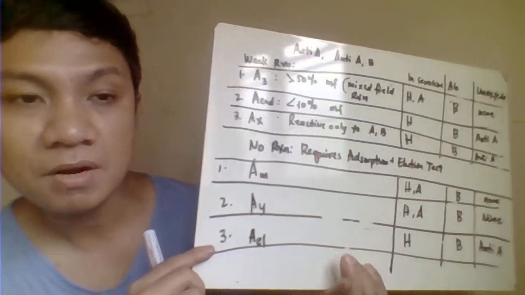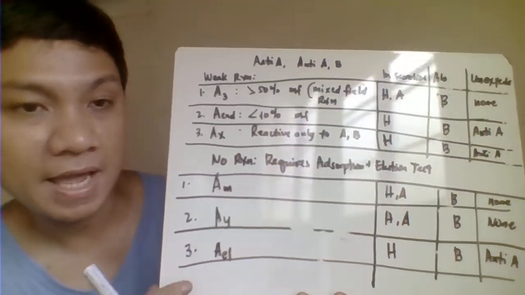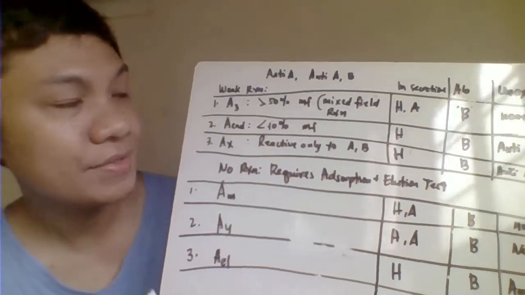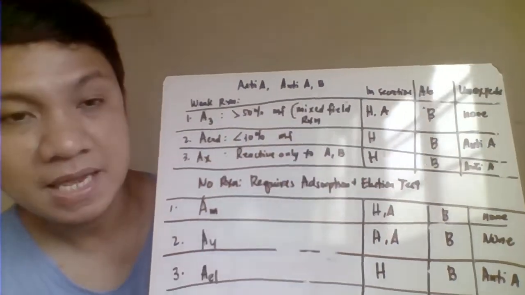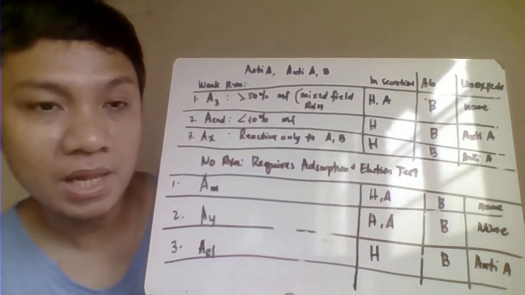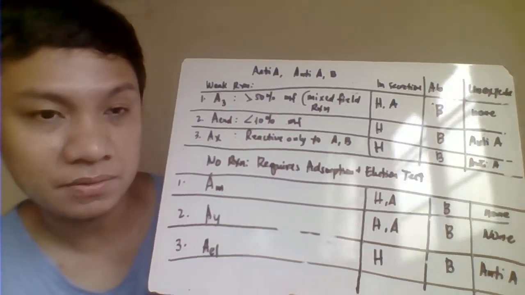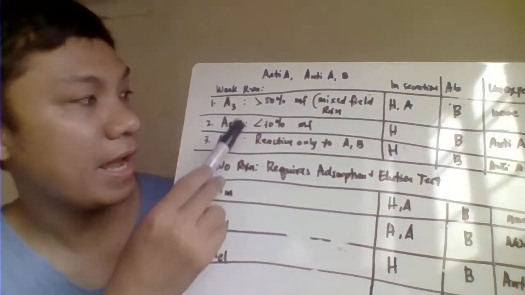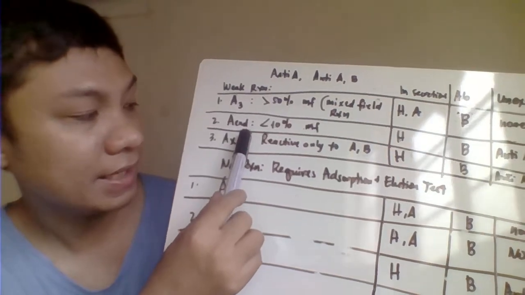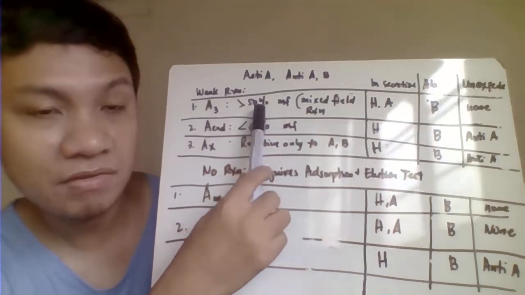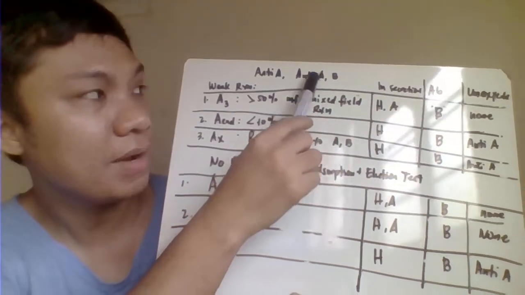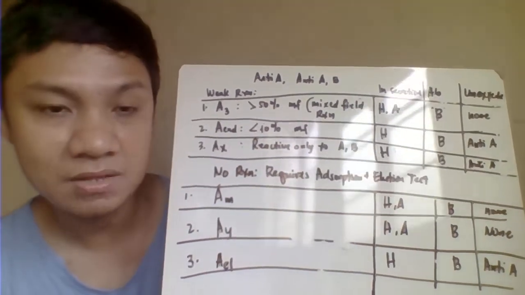Then we have here other weaker subgroups for your type A. Okay, so if you add your anti-A, anti-A1B antisera, they will give weaker reactions. Examples for that are your A3, AN and AX. They are identified here by A3, more than 50% of the population here. When you add the reagent, it will have a mixed field reaction.